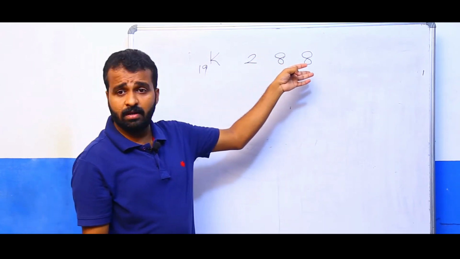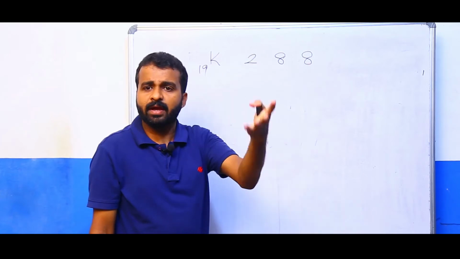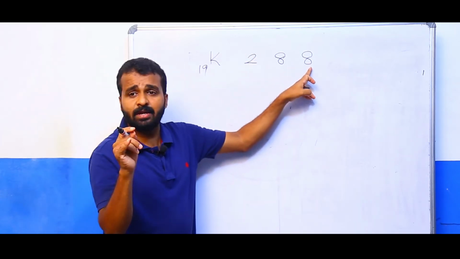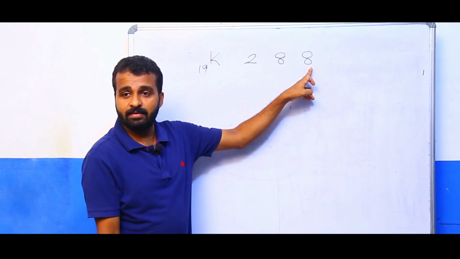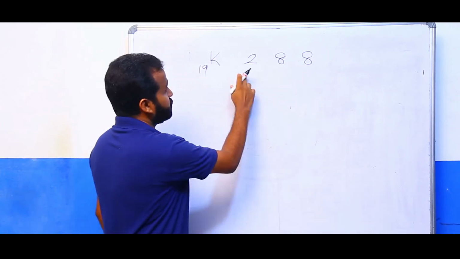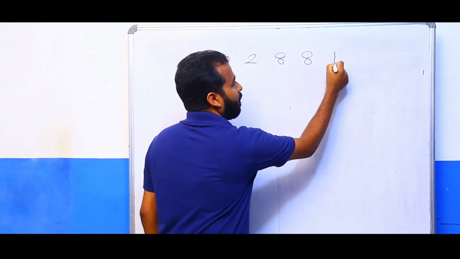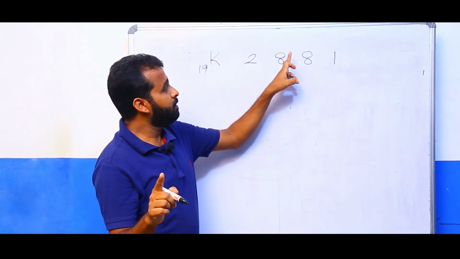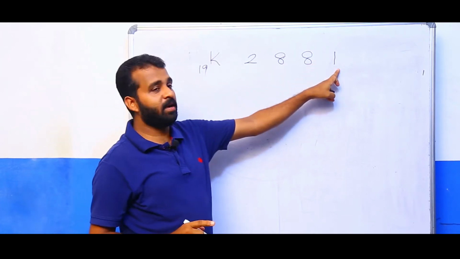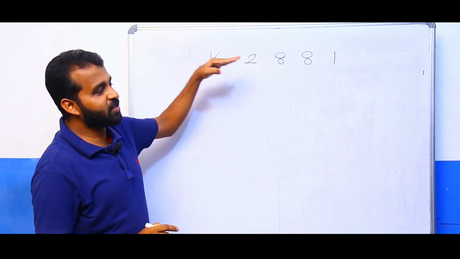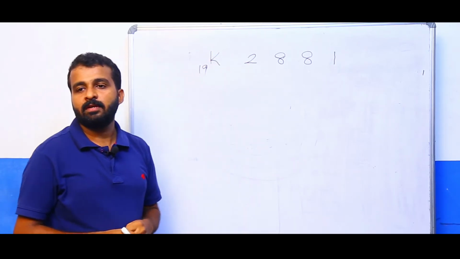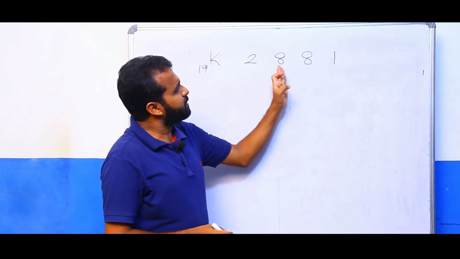Which is the third shell? The M shell. The M shell can accommodate a maximum of 18 electrons. Then why do we write only 8 electrons in the third shell? One more electron is there. Listen: 2, 8, 8, 1. Total: 2 plus 8 is 10, plus 8 is 18, plus 1 is 19. This is the shell electronic configuration of potassium. Why are we writing like this?